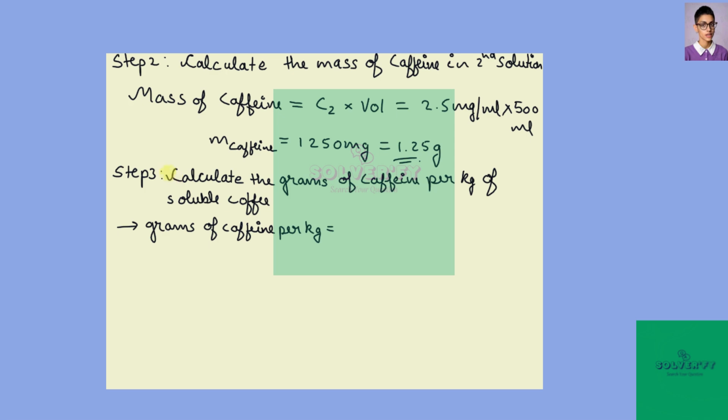Now in step 3 we will calculate the grams of caffeine per kg of soluble coffee.